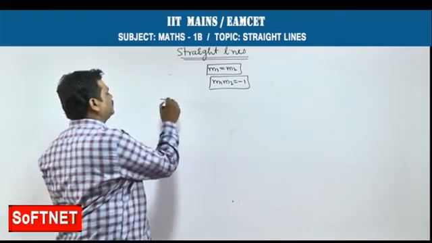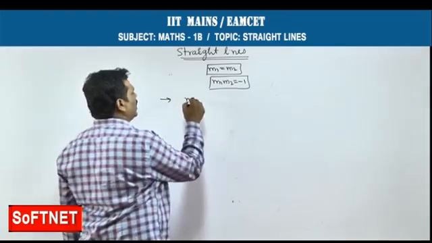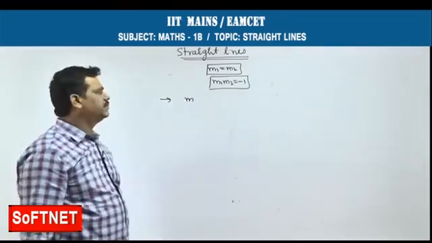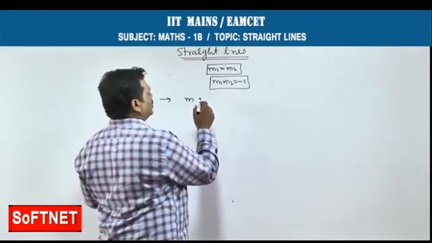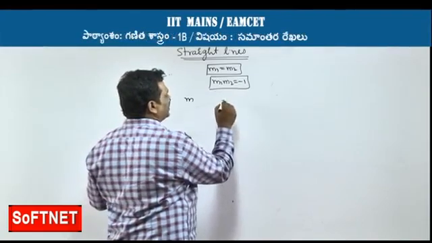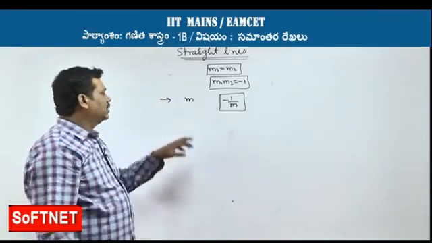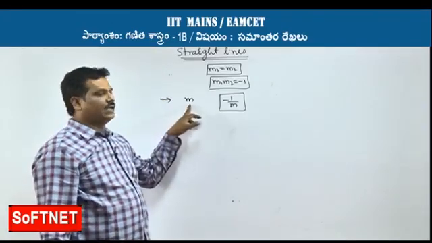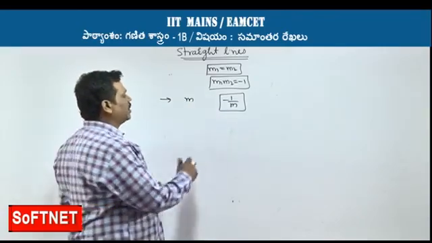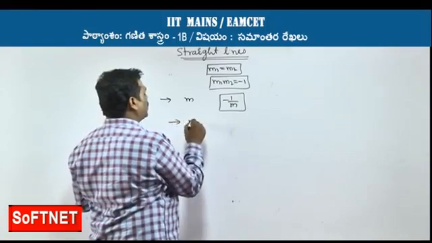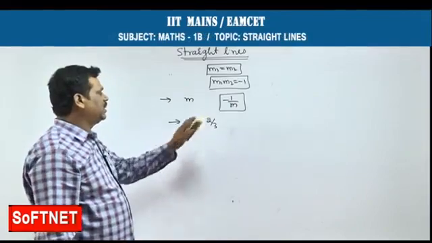For example, next point, let m be the slope of a given line. Then the perpendicular slope of that line is minus 1 by m. All of you understand? For example, the slope of a line is 2 by 3.